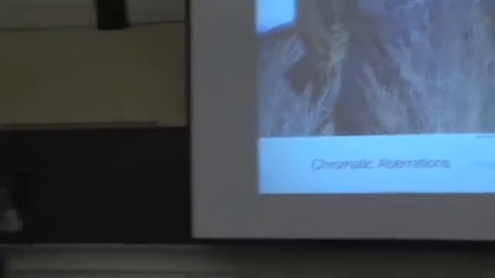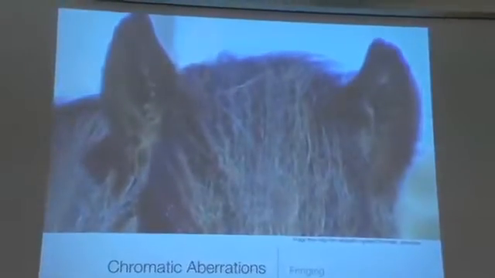Now, this is distinct from the chromatic aberration due to refraction that we saw before. Usually, purple fringing deals with, frankly, the micro lenses that exist in front of a camera's sensor. So if you have a relatively inexpensive consumer digital camera, its micro lenses may not be made to the same specifications as those of a much more expensive digital SLR.